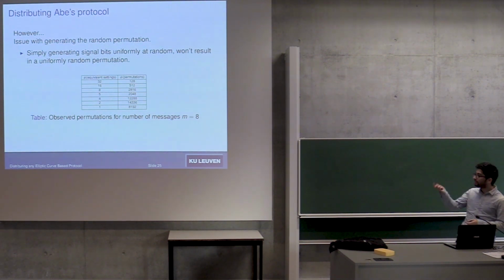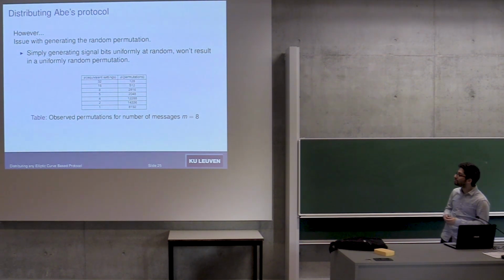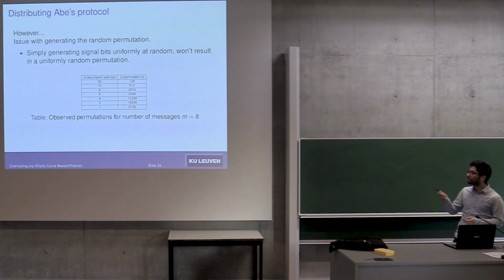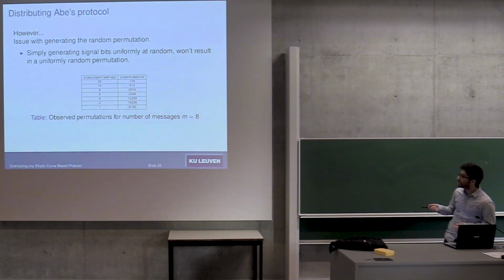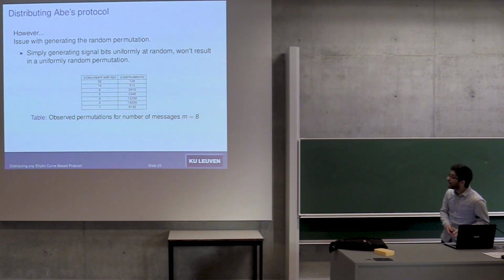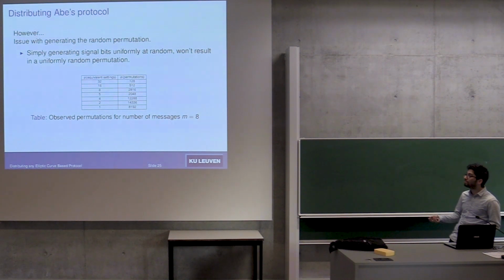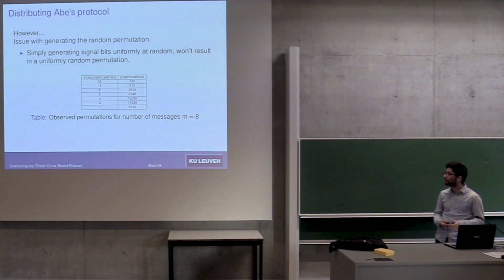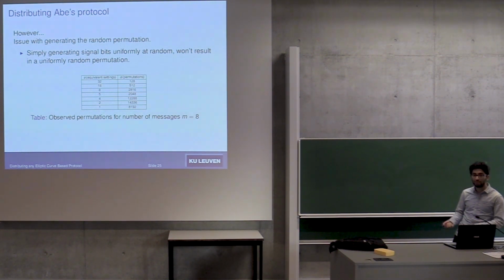And as you can see in this table that I took from that paper, some permutations occur more than the others. So this is the case where the mixer deals with 8 messages. So we have 8 factorial possible permutations, and 128 of them can occur 32 times, but around 8,000 of them can occur only once. And this is not uniformly at random.